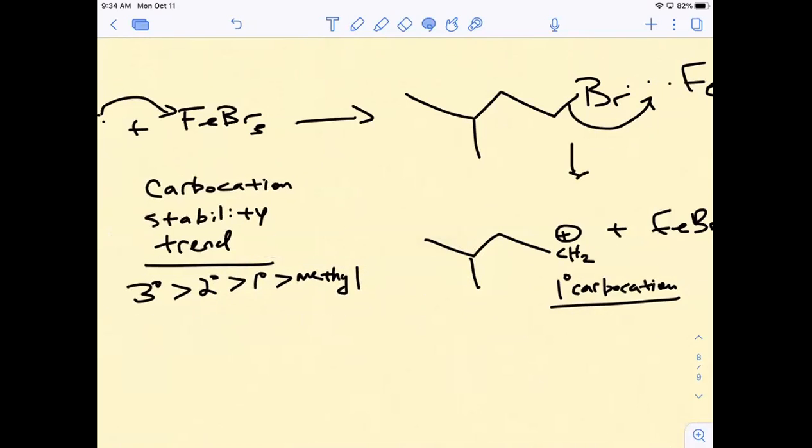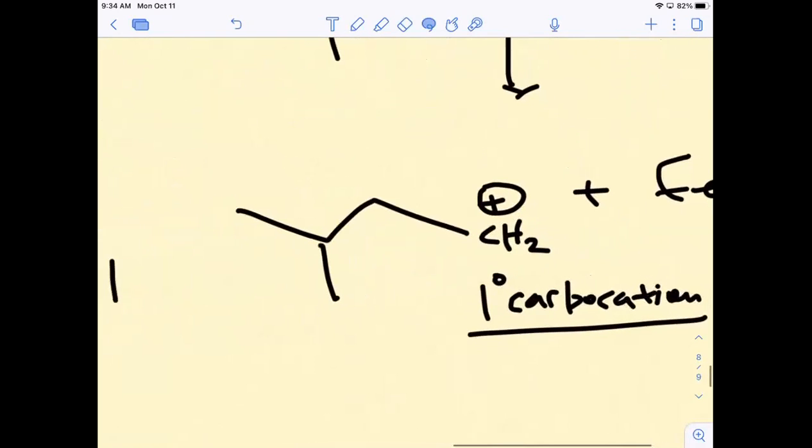Can we move it? Can we move the carbocation somewhere else? Do we have a site that's more suitable to be a carbocation? Let me ask that question in this molecule. Are we trying to make it a more stable carbocation, correct? Yes. So we're that tertiary. Okay, I'm with you. So how can we do that?